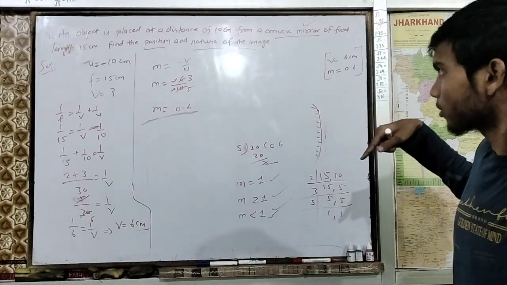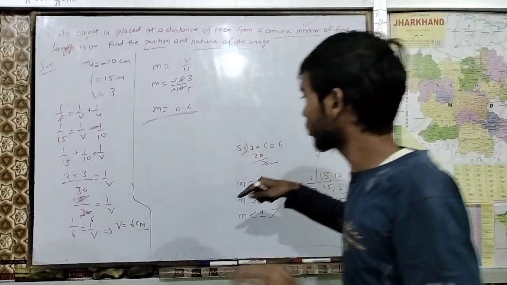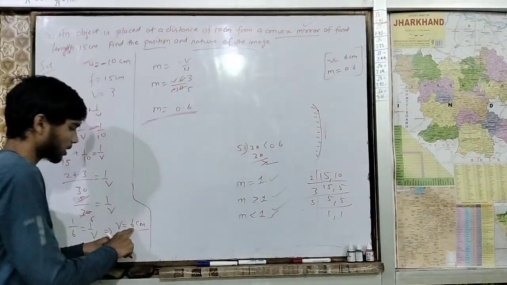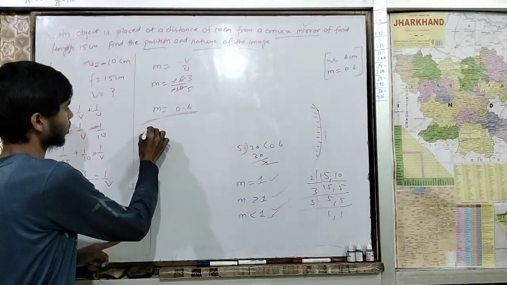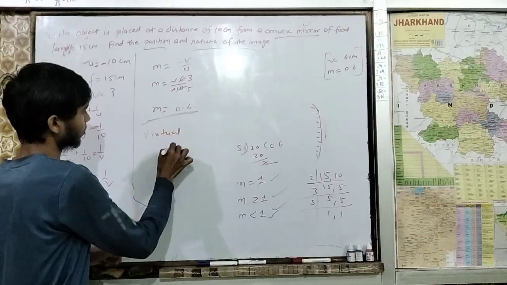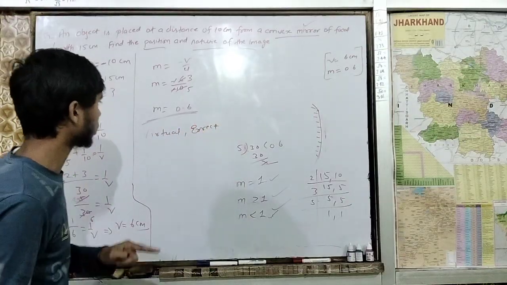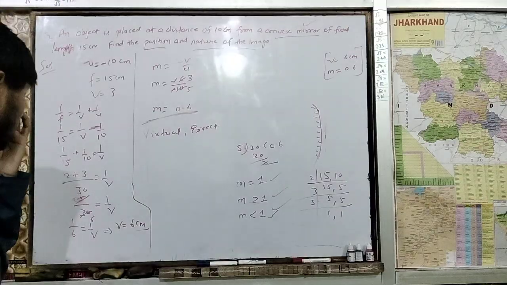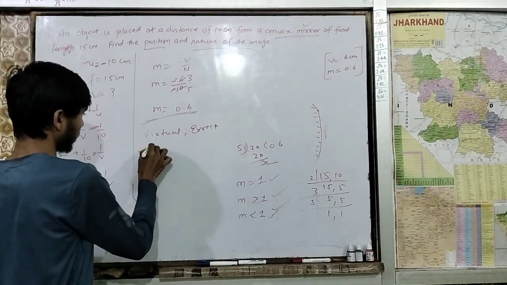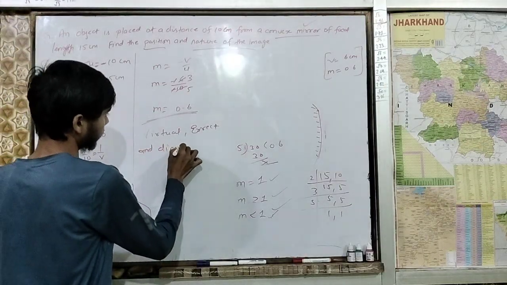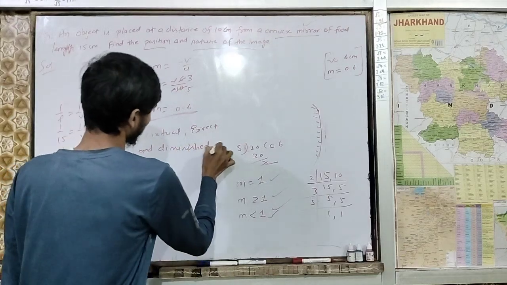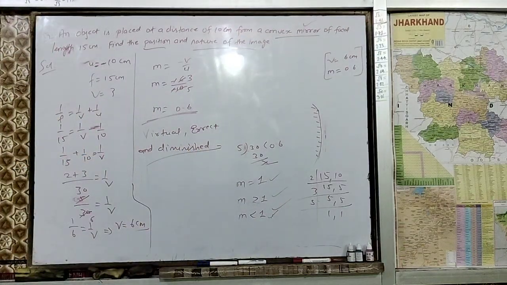V is coming as 6 centimeter. Virtual, erect, and diminished. Clear? These are the nature of the image.